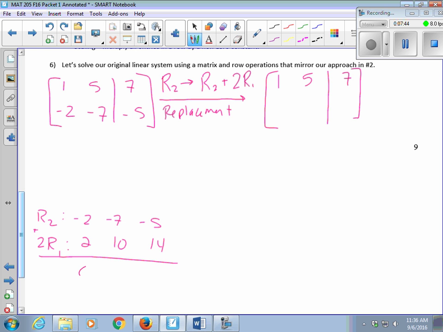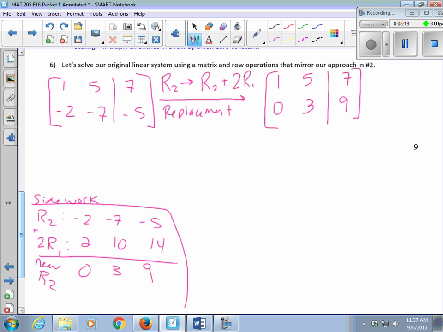Add them together and you get 0, 3, 9. This is your new row 2. 0, 3, 9. That's your old row 2 plus twice row 1. All right, so this is just side work. You can show it or not show it. It's up to you.